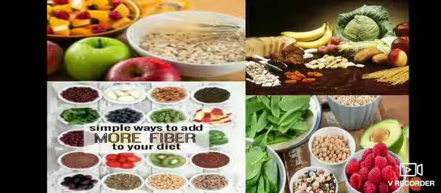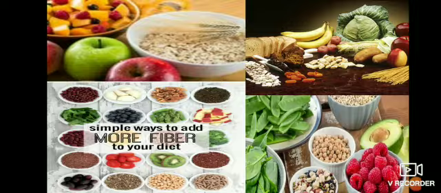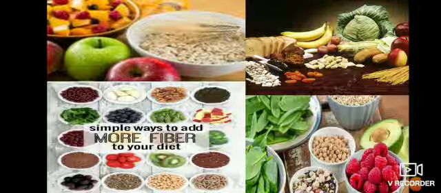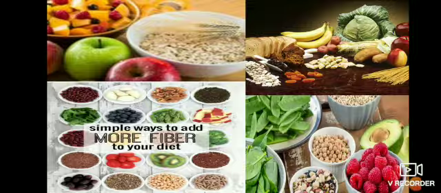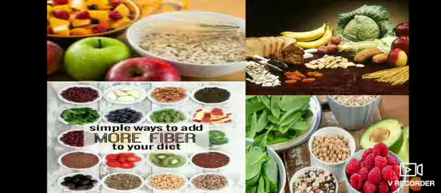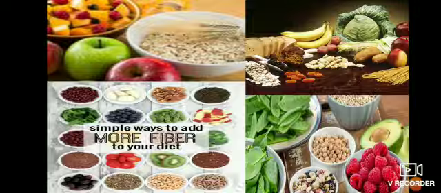Children, do you know how can we identify these roughages or dietary fibers? To identify, we have to collect some vegetables in which we find roughages. Break them into pieces or crush them into pieces and you observe some fine strands or thread-like structures.